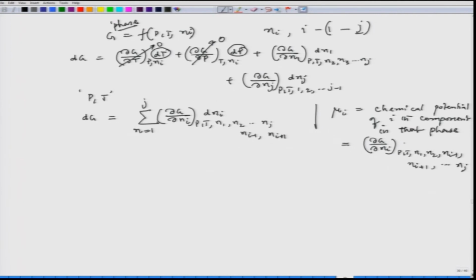And this is of course an intensive property, because it does not depend on the size of the system.